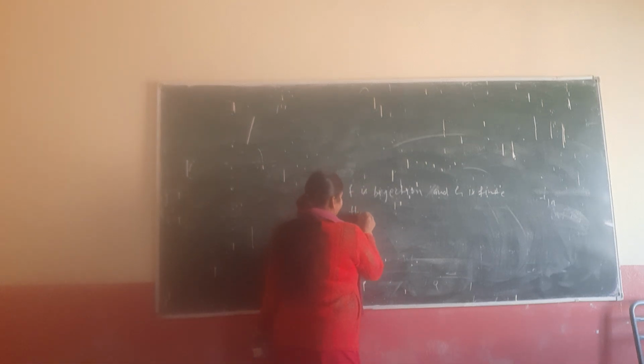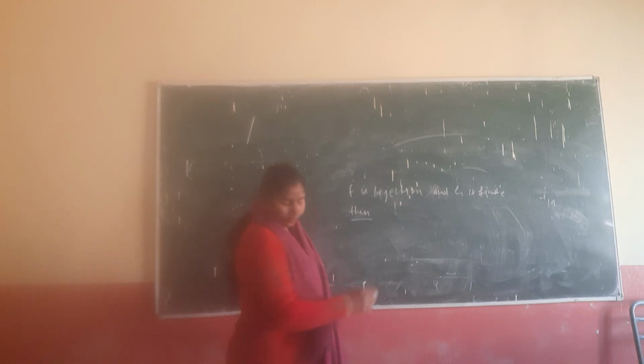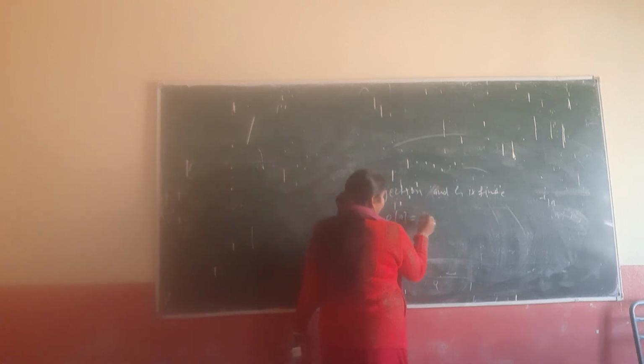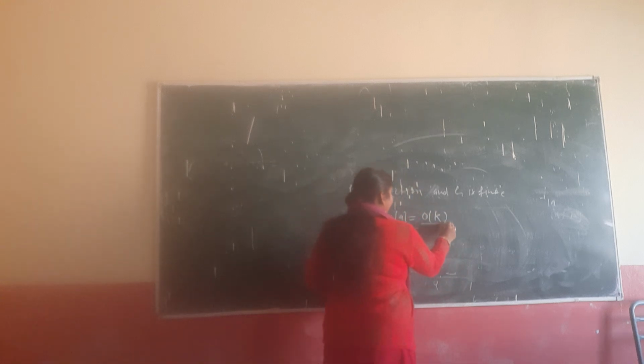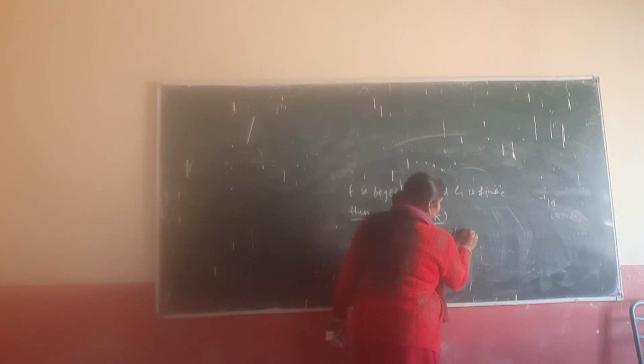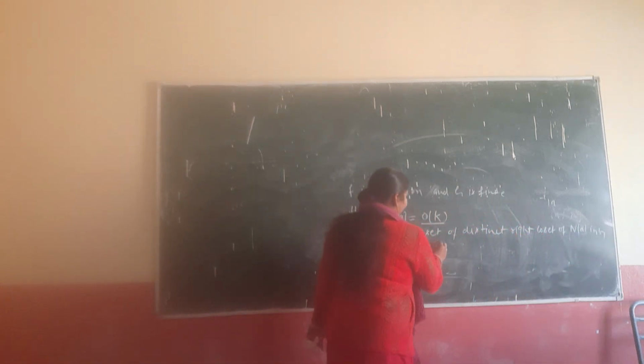So order of conjugate class of A is equal to order of K. ऑर्डर ऑफ K हमारे पास क्या है? सेट ऑफ डिस्टिंक्ट राइट कोसेट्स ऑफ N(A) in G, which is equal to index of N(A) in G. We know that index of N(A) in G is equal to order of G upon order of normalizer of A.